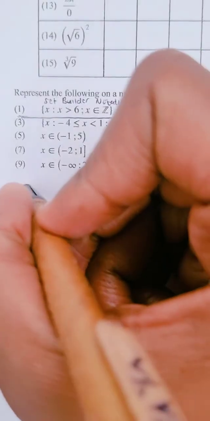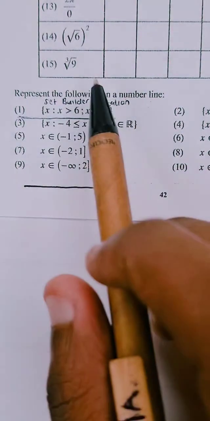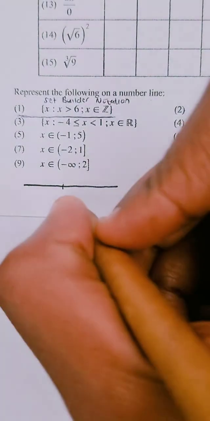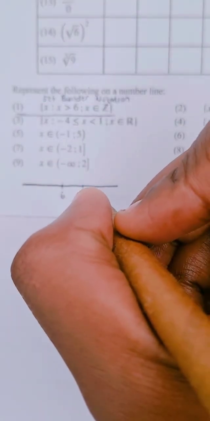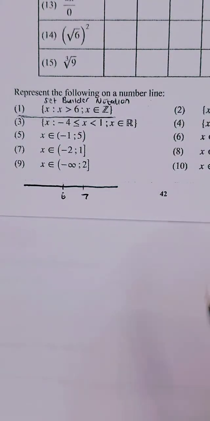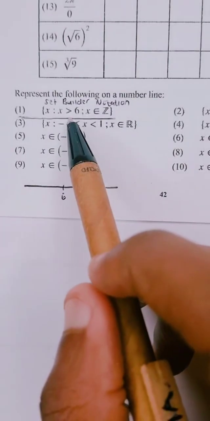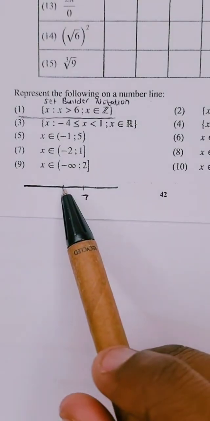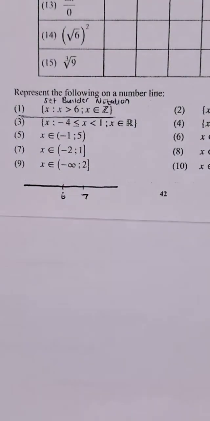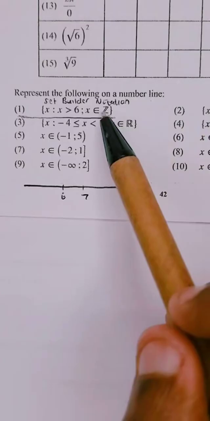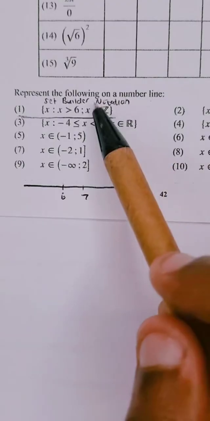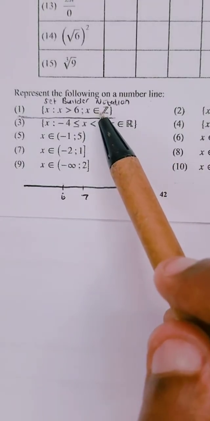When we say x is greater than 6 on the number line, if 6 is here, then we have 7 there. x greater than 6 means x is bigger than 6. That means numbers bigger than 6 lie on which side of 6? On this side of 6. But we are also told that x is an element of integers, and integer values are positive and negative whole numbers that increase and decrease by 1.